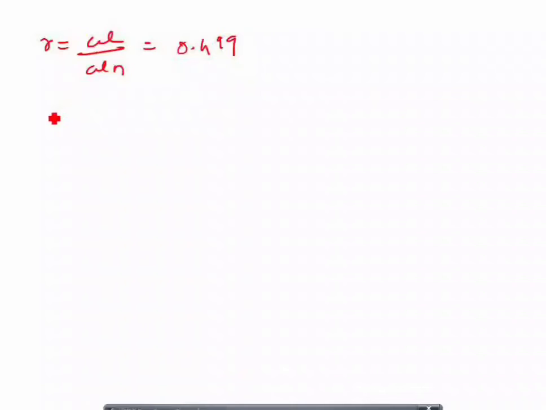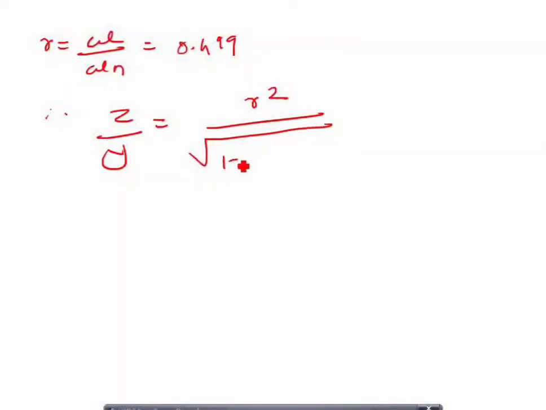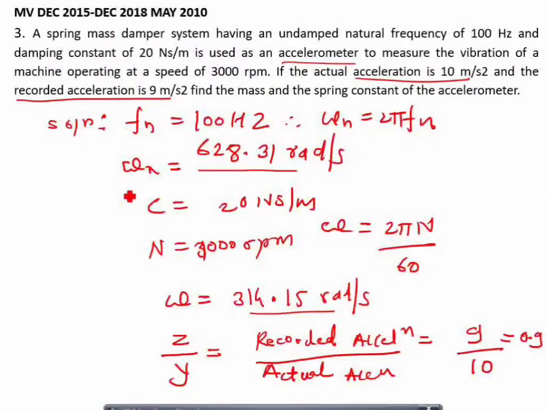Now, what is the basic formula? Write down the basic formula: z upon y is equal to r square upon square root of bracket 1 minus r square bracket square plus bracket 2 zeta r bracket square. This ratio is 0.9, already given: recorded acceleration upon actual acceleration, 9 upon 10.